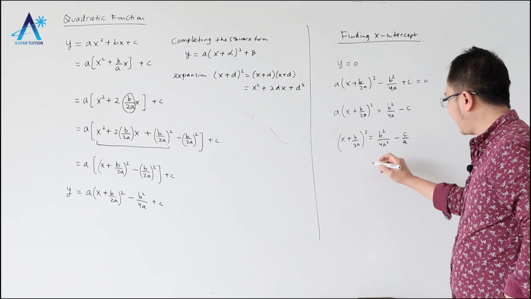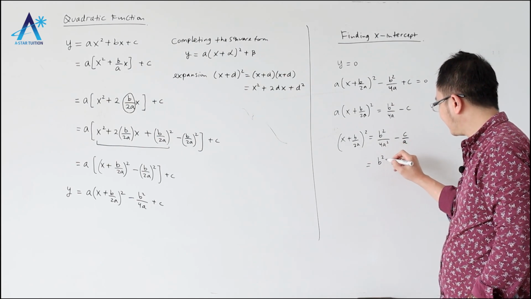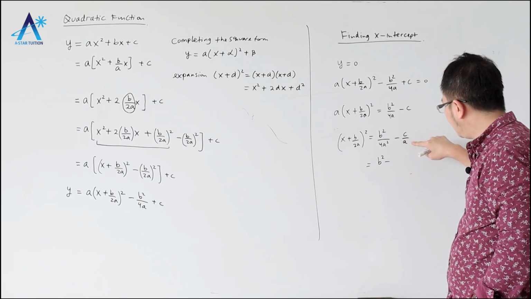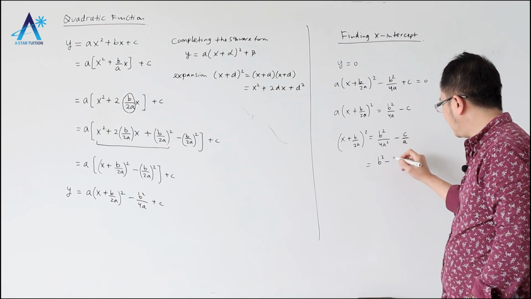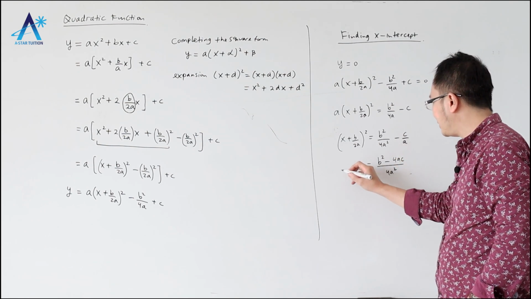Okay, next is to equate the denominator of this by multiplying this by 4a over 4a. So we have 4ac over 4a squared.